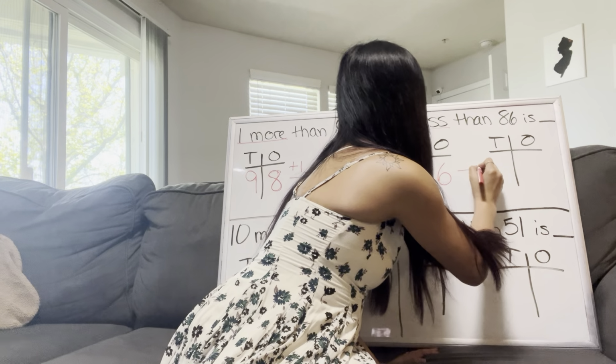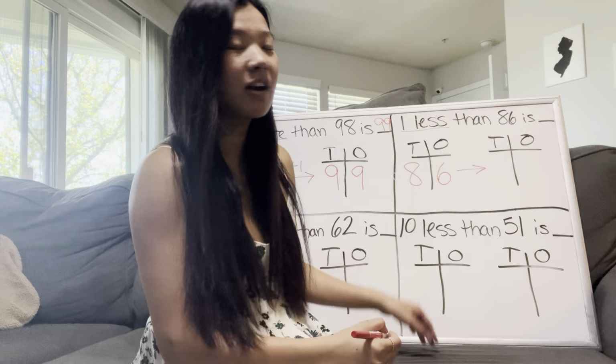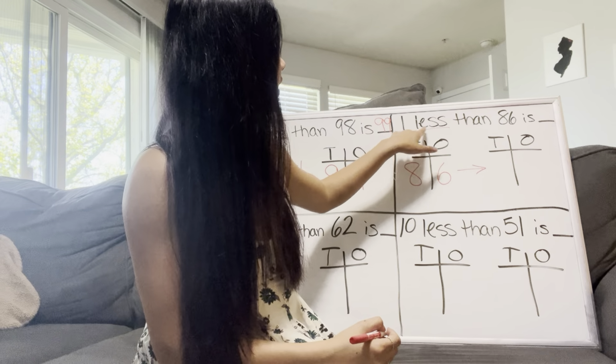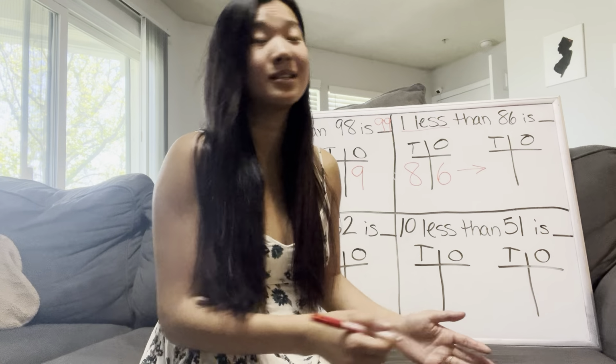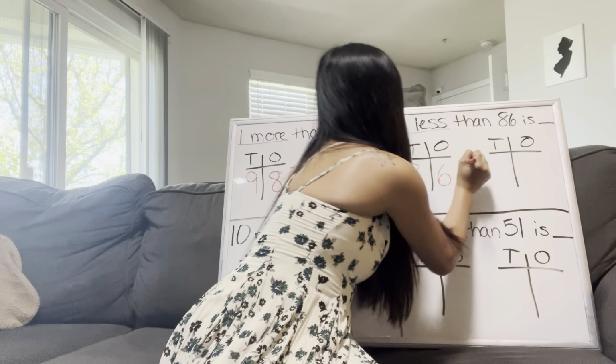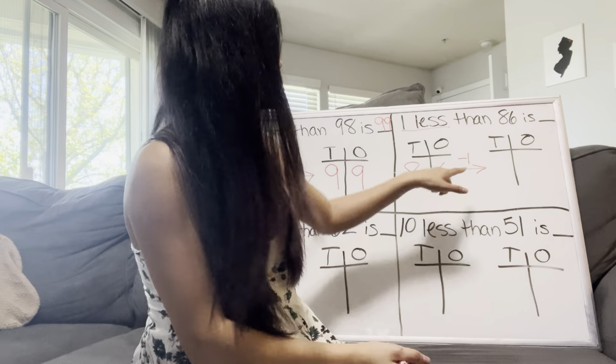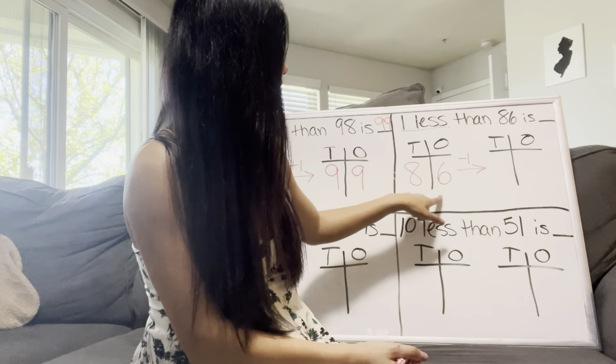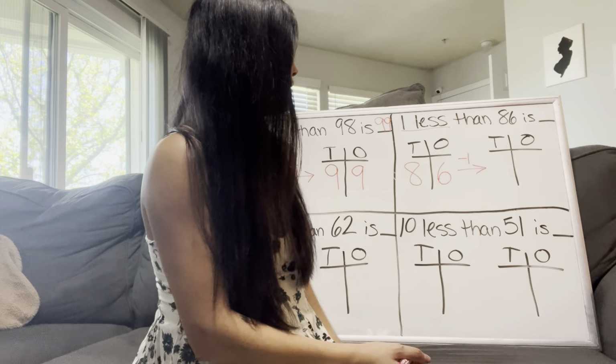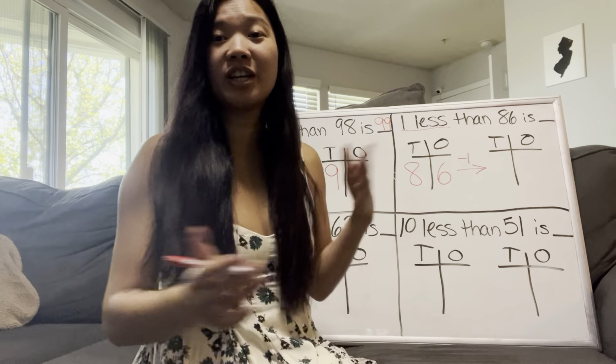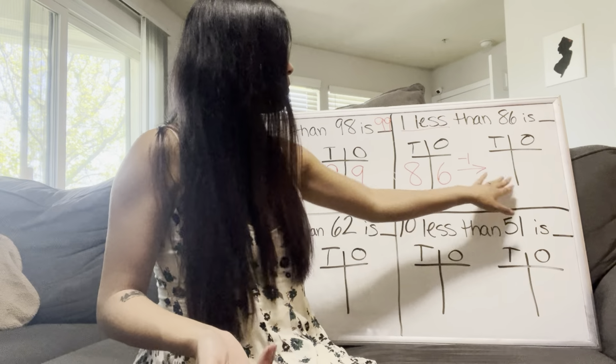So I draw my arrow, and then 1 less means take away or -1. So that's what I'm writing on my arrow, -1. So 86 minus 1. I'm not changing my tens at all, so I keep my tens the same.